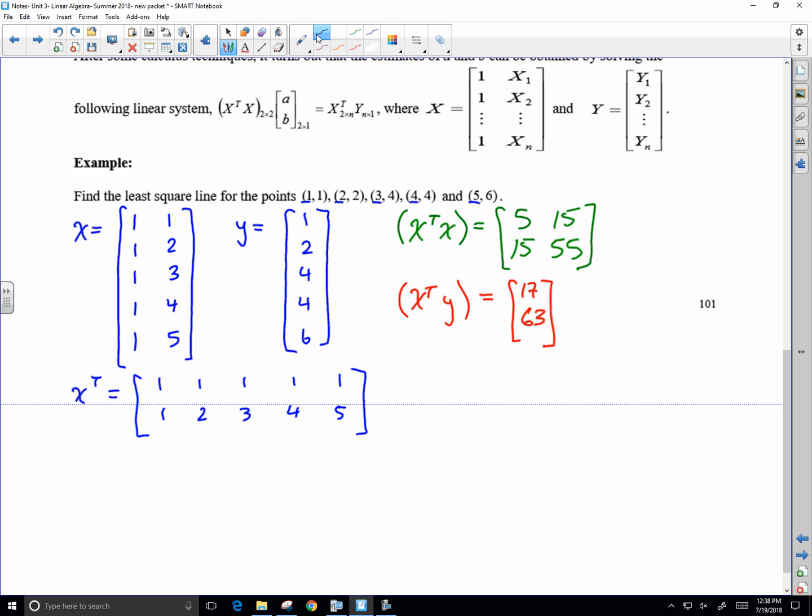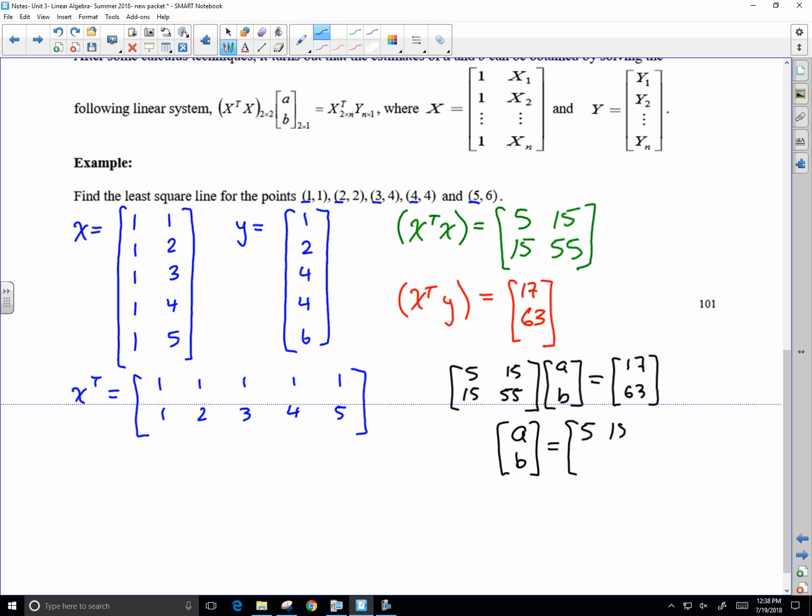I'm looking at the clock. I don't have enough time to be wrong here. So 5, 15, 15, 55 against AB, equal to 17, 63. And so I would imagine that you're R-ed out at this point.